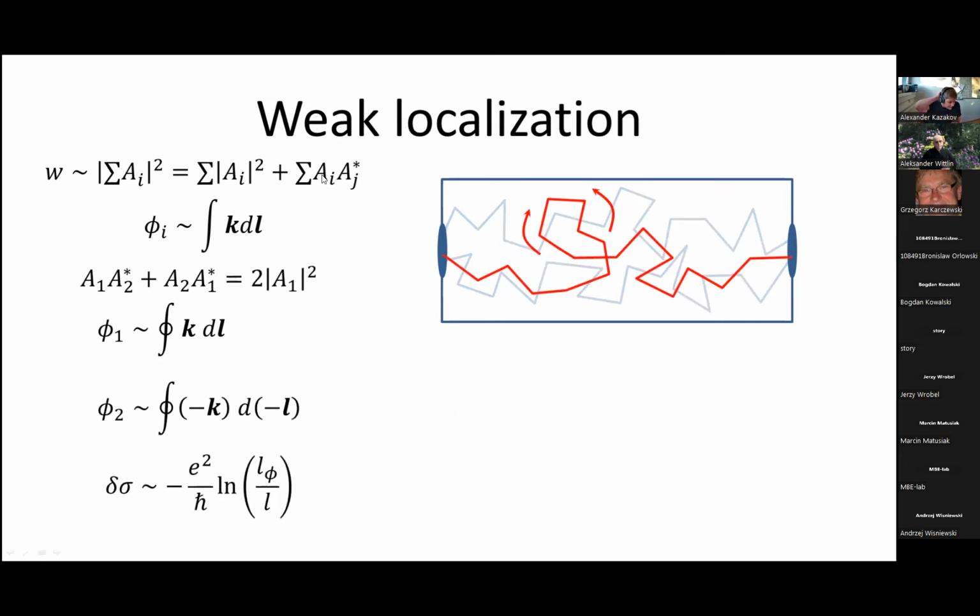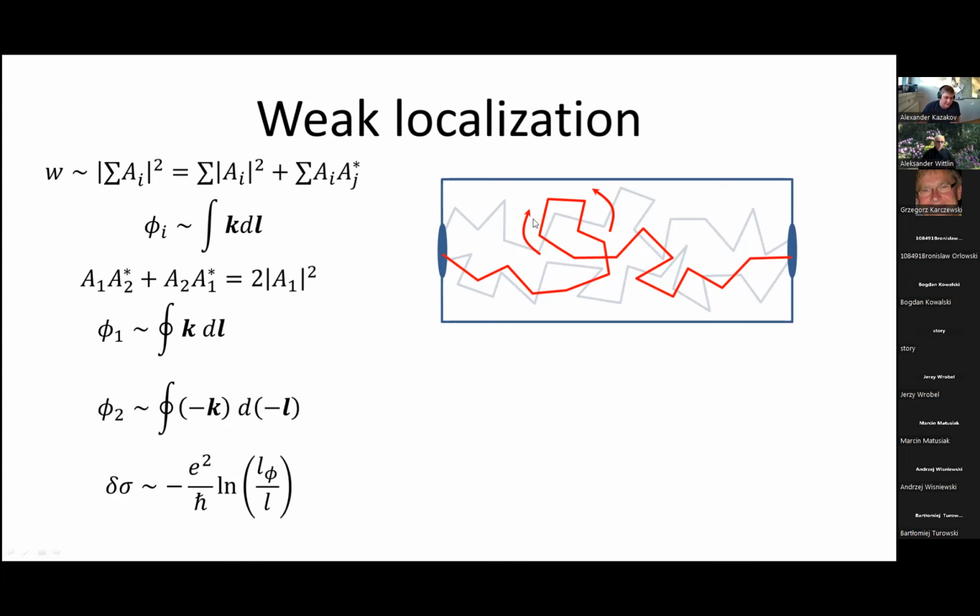A special class of paths are those with small self-intersecting loops, where the carrier can go in two different directions.